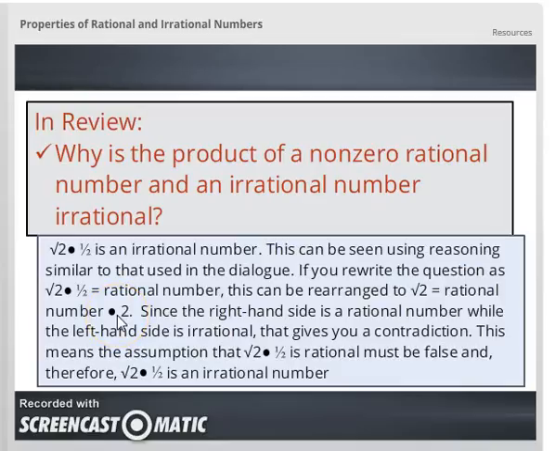Since the right-hand side is a rational number while the left-hand side is irrational, that gives you a contradiction. This means the assumption that the square root of 2 times 1/2 is rational must be false, and therefore the square root of 2 times 1/2 is an irrational number.